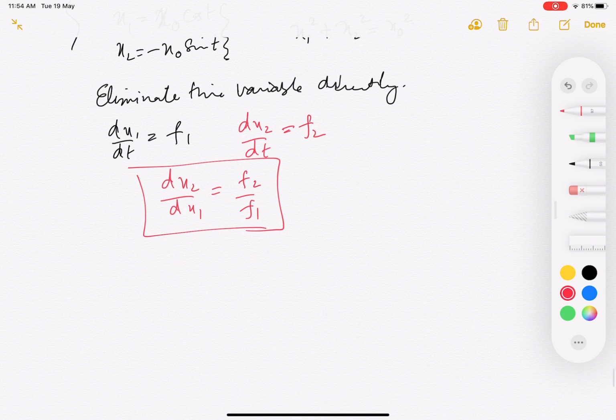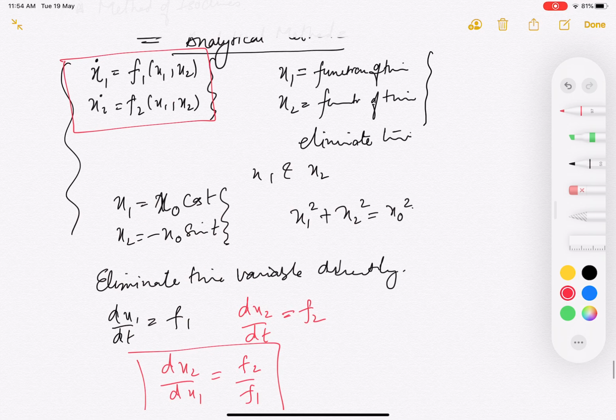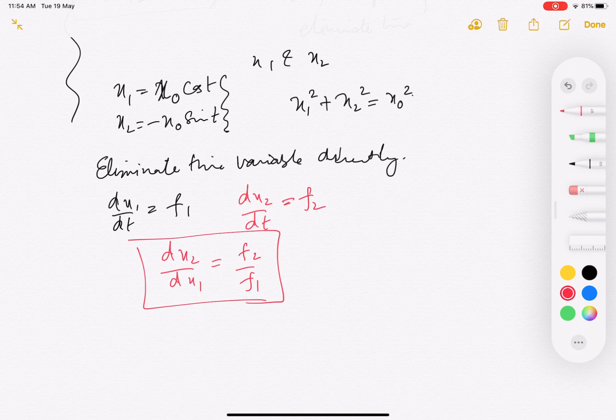So in our case, we had this basic equation x double dot plus x equal to 0, and then we wrote the state variable form for this. We said x1 dot is equal to x2 and x2 dot is equal to minus x1. We get this from this.